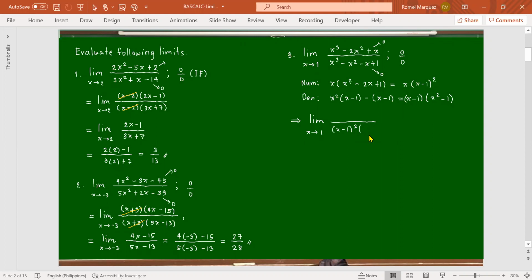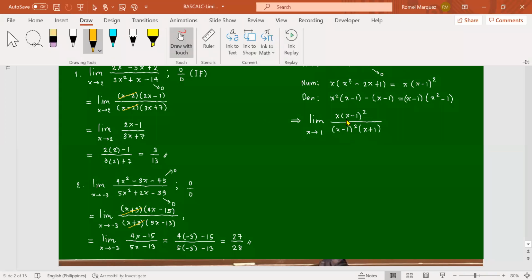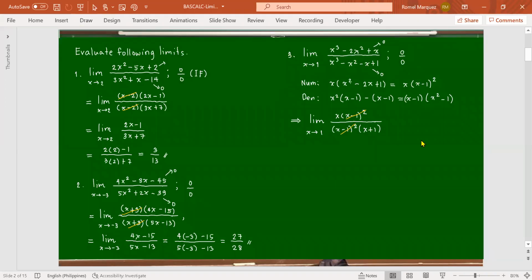May x, tapos x plus 1. Tama ba? Ito naman, x minus 1, quantity squared. Okay. Ano yung pwede nating tanggalin, guys? Ito. Tama ba?